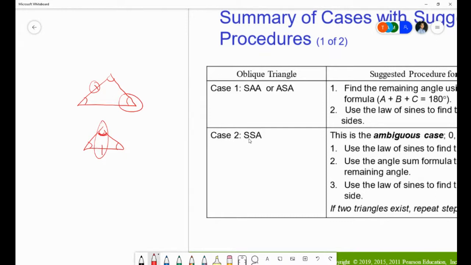If you have side-side-angle, that's the ambiguous case that we're talking about. So here we have side, side, and then an angle. Make sure that this side is longer than the height; if it's between the height and this angle, then we're going to have two triangles. If it's larger than this angle, we have one triangle.